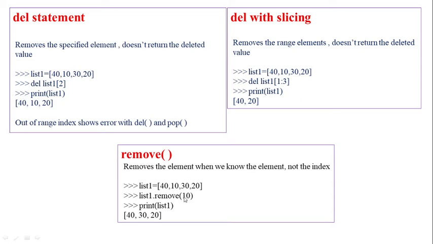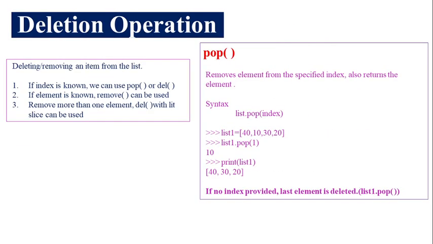Seeing this, you may feel this is the simplest method, since we are directly passing the value. So list 1 dot remove 10, 10 will be removed. Then print list 1, 40, 30, 20 will be printed. So this is how we can work with the remove function.